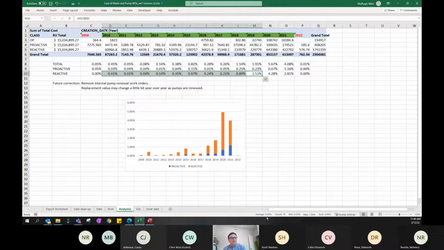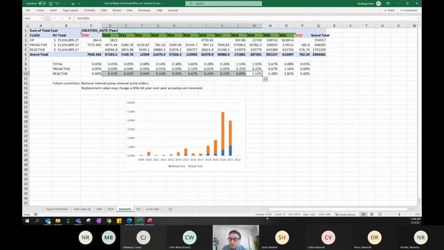But I'm looking at this and it's helping me at least draw a line, especially if I can introduce a correction factor for the renewal activities that are captured as maintenance. If I can get those out, I think this will be more meaningful. The main lesson for me here is that we've been collecting this data relatively well since 2010.